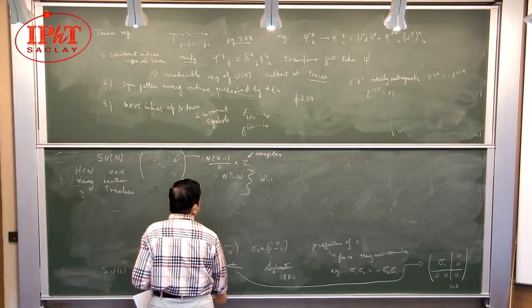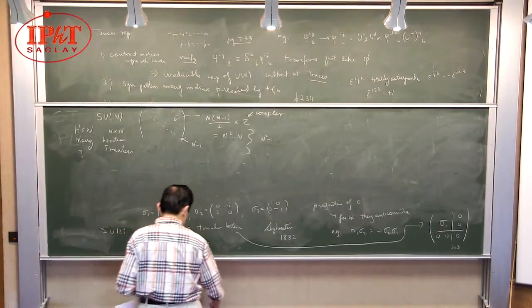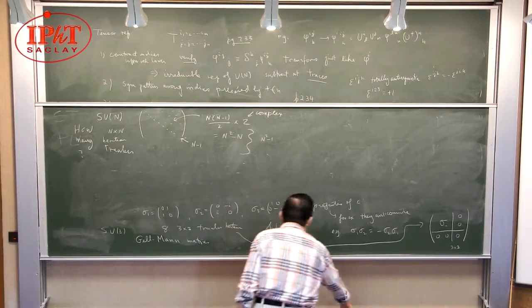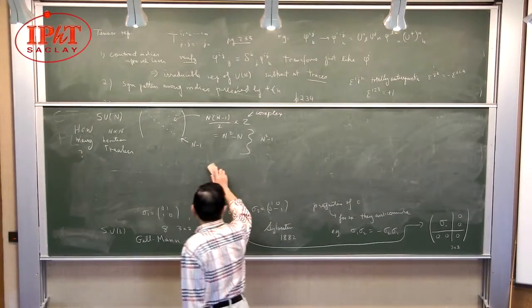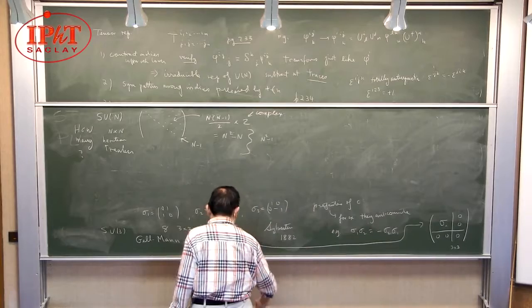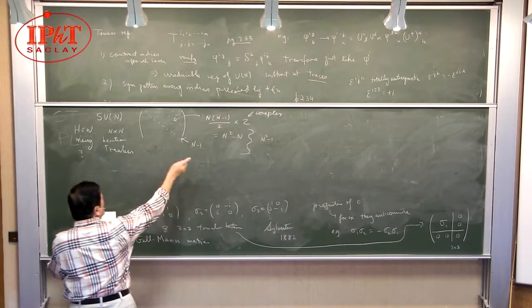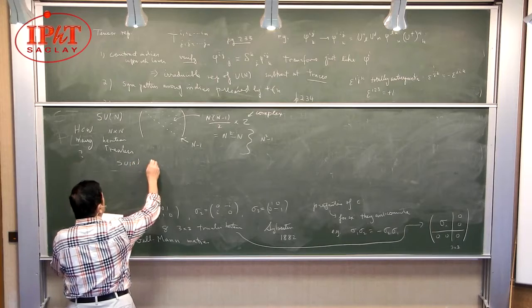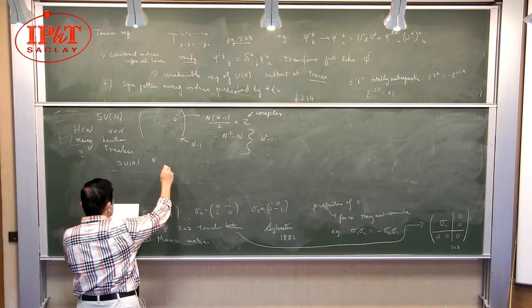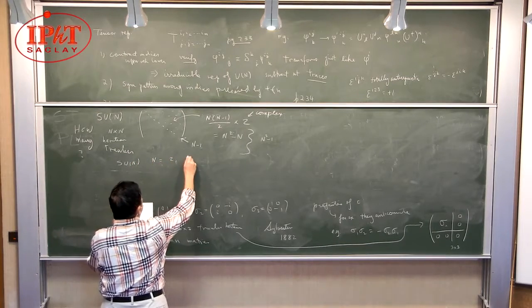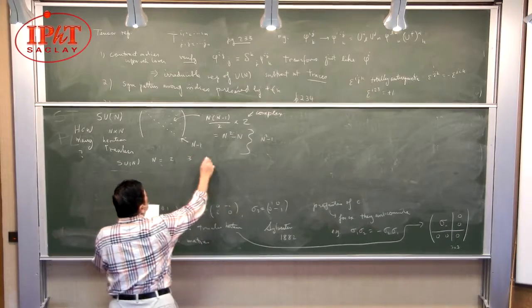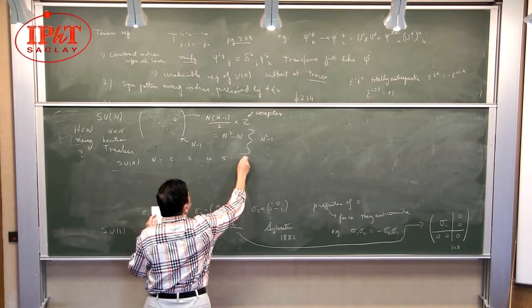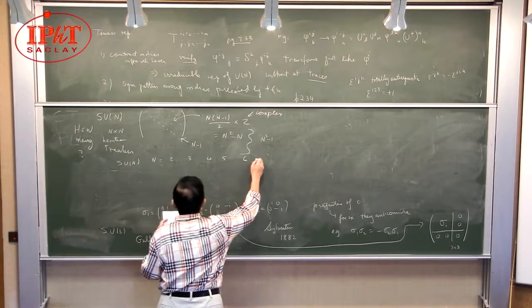Okay, so now we can make a little table of how many such matrices there are. So for SU(N), here I write n equal to 2, 3, 4, 5, 6, and so on.